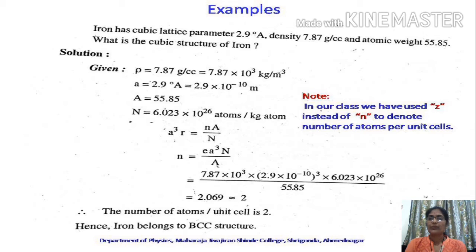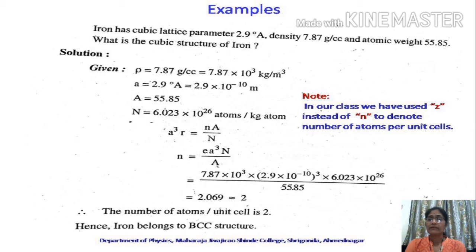So we know that the formula for density is rho is equal to Zm upon N into a cube. I have already mentioned that in textbook they have used the notation of small n for Z and notation of capital A for molecular weight, that is m. So by using this formula you have to find out Z value.